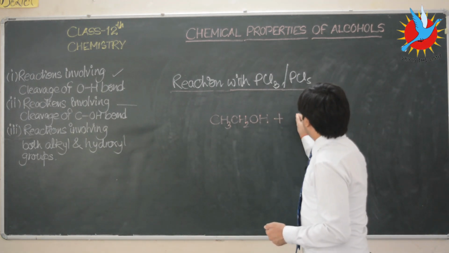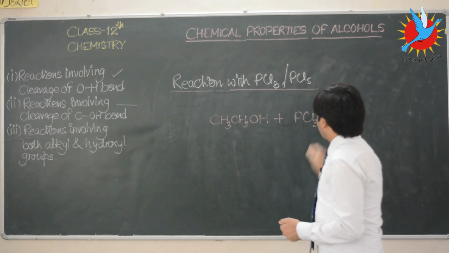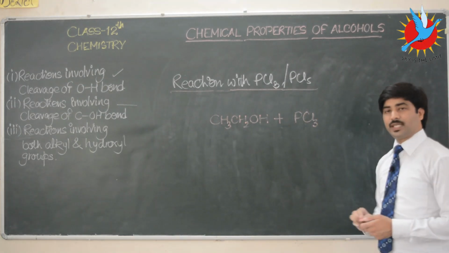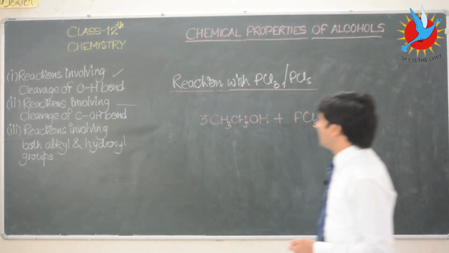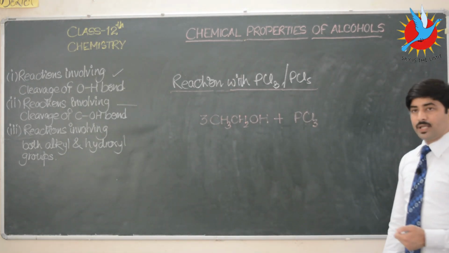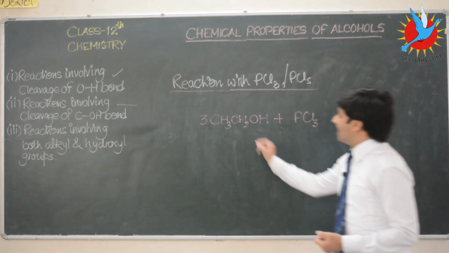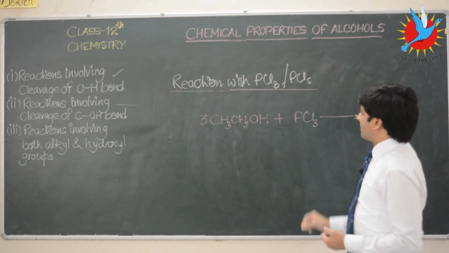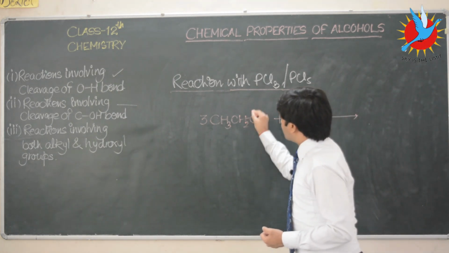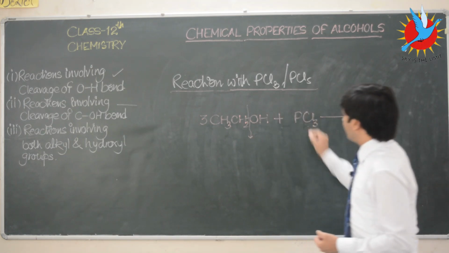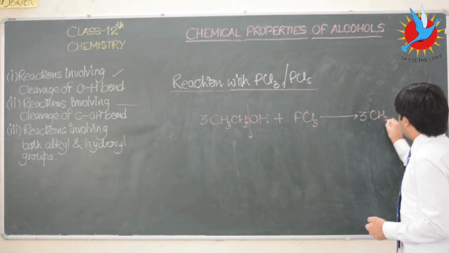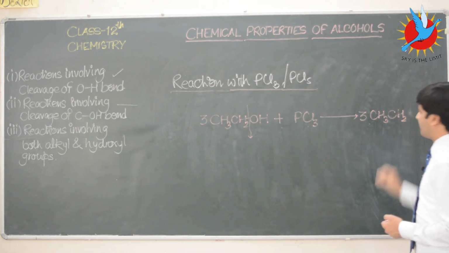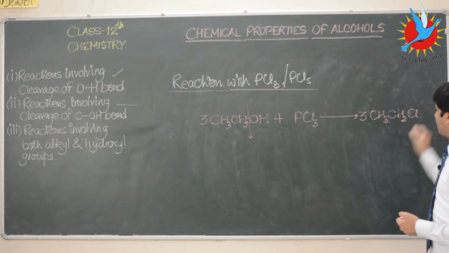Upon reaction with PCl3, keep in mind, while you are taking PCl3, you have to take thrice the moles of alcohol, and this OH gets removed with the help of Cl and will form CH3CH2Cl.